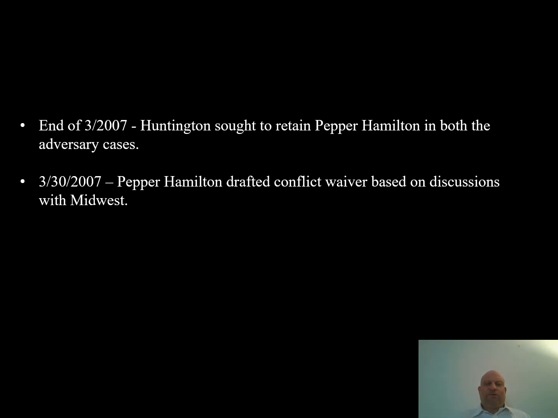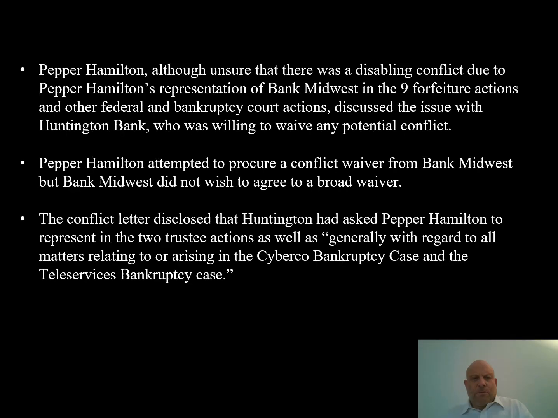So it started to see a flurry of activity. Huntington tries to retain Pepper Hamilton in the adversary proceedings, and then Pepper Hamilton goes back to Midwest with a proposed conflict waiver agreement, drafts a couple of them, and we'll see what happens with those. So the first thing that happens is Pepper Hamilton goes to Huntington and says, there's a potential conflict here. We represented Bank Midwest.